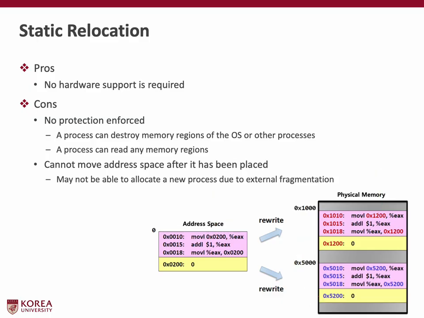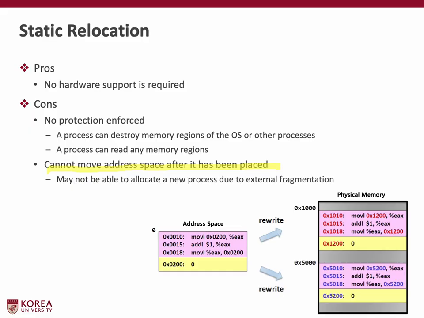Okay, and second, when a process is loaded, its address space cannot be moved. This is the second drawback of the static relocation approach. So, if physical memory becomes fragmented, it may be impossible to allocate a new process, even if there's enough total free space.